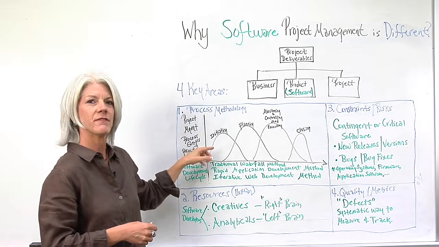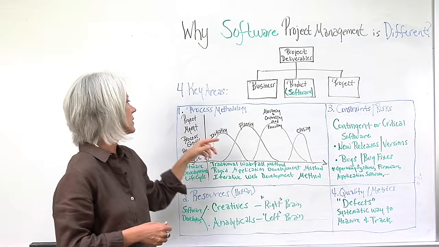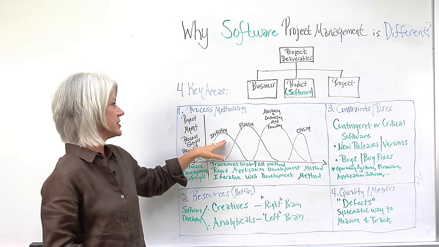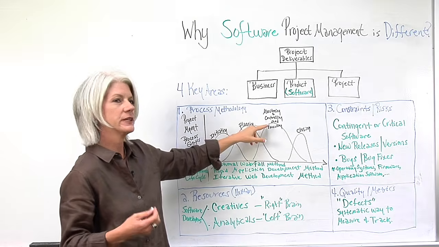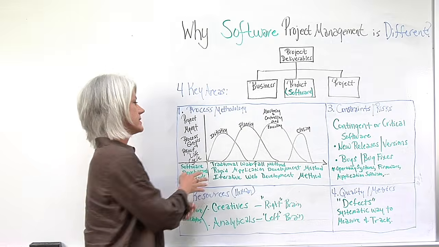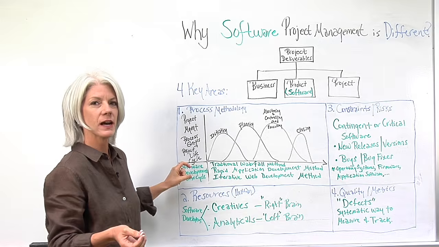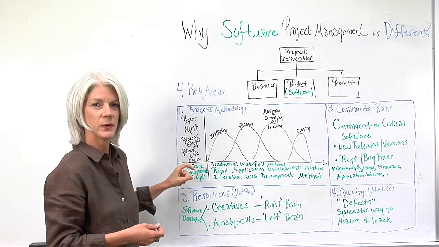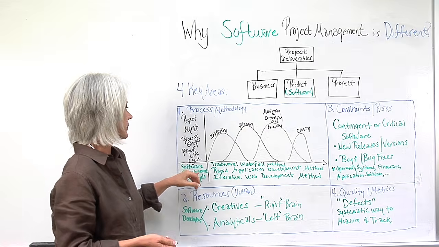So still we have the project management lifecycle or process management groups in the project lifecycle, like the initiating, the planning, the monitoring and controlling and executing, and the closing. And here is the bottom part where the process methodology could be different because it depends upon the type of software development that's occurring.